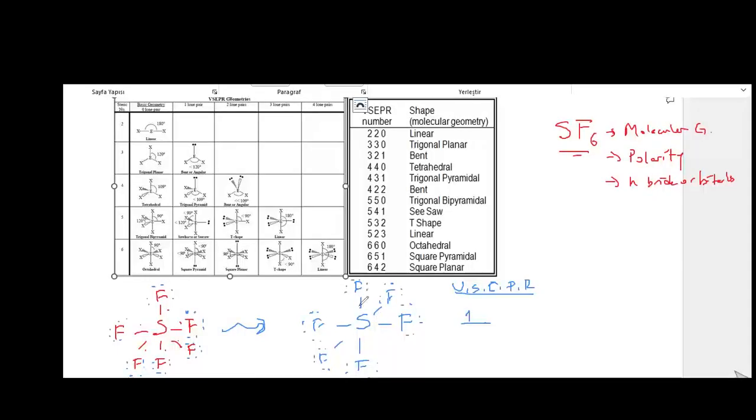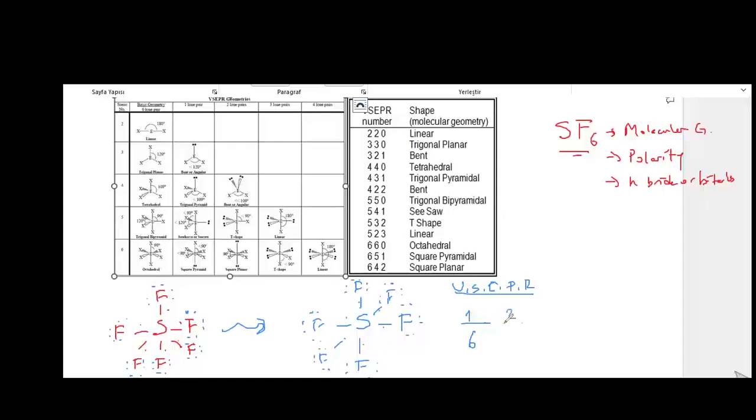That's why all valence electrons belonging to the sulfur atom are on the bonds. That's why the total electron domain for the first digit is 1, 2, 3, 4, 5, and 6. That's why our first digit code is 6.